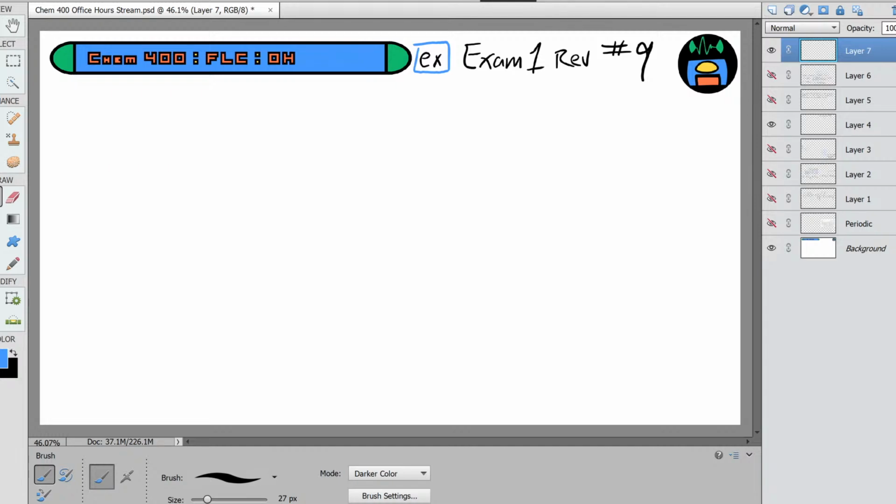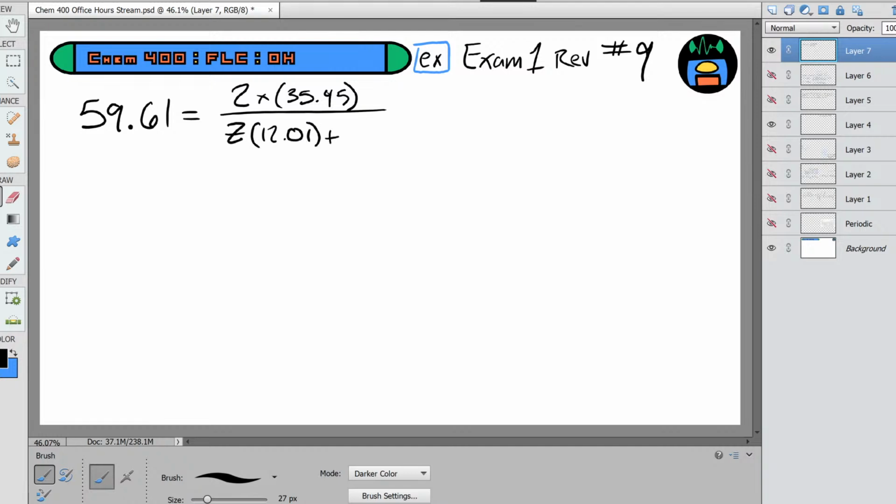So we have 59.61 is equal to 2 times 35.45 over Z times 12.01 plus 2 times 35.45, times 100. All right, the first thing I'm going to do, divide both sides of this equation by 100.